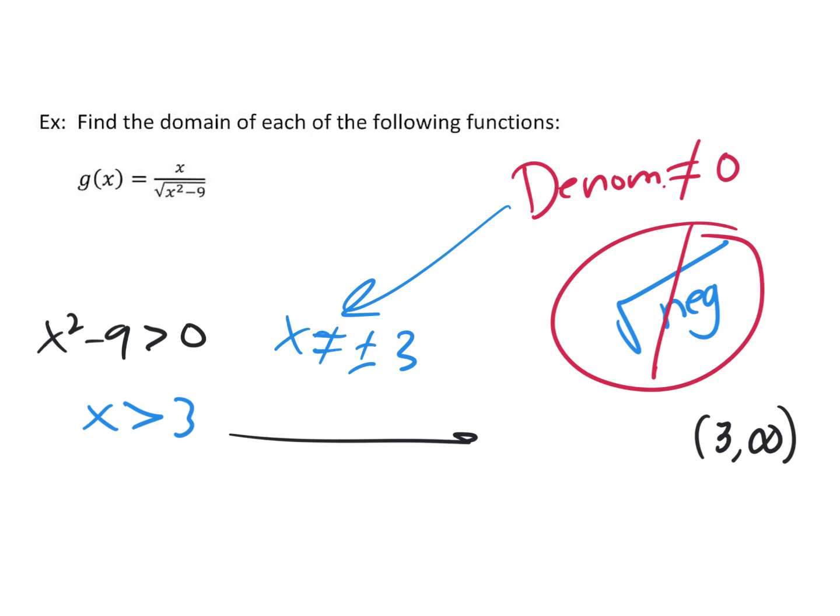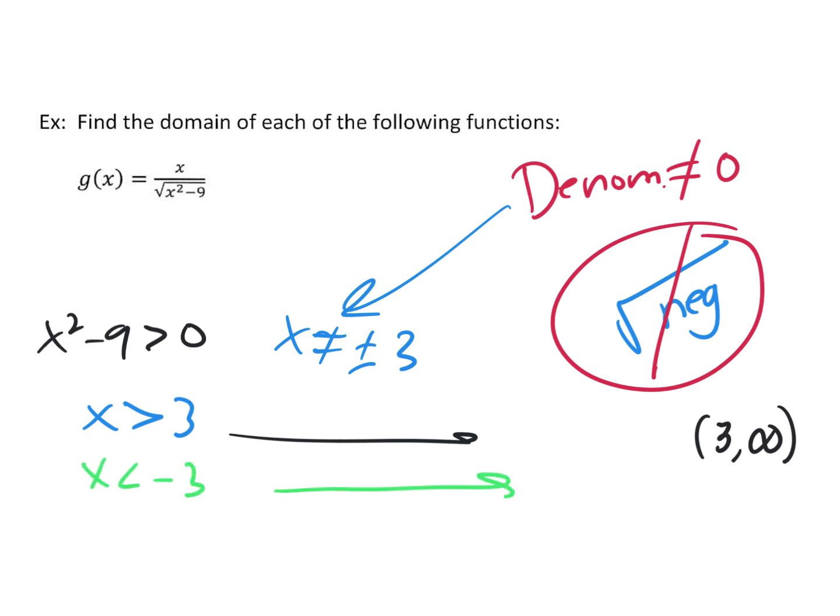Now, the other thing that's going to allow this to be greater than 0 is if I square negative 3 and smaller than that, right? Because negative 3.1, which is smaller than negative 3, squared, is bigger than 9. And so the other thing to be thinking about here is that x could be less than negative 3.